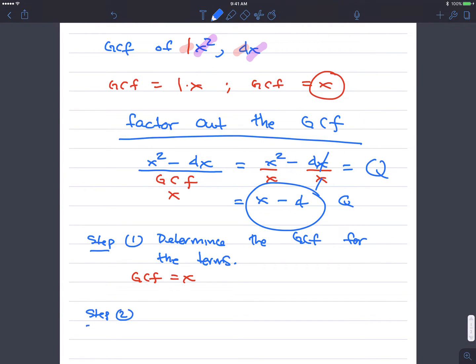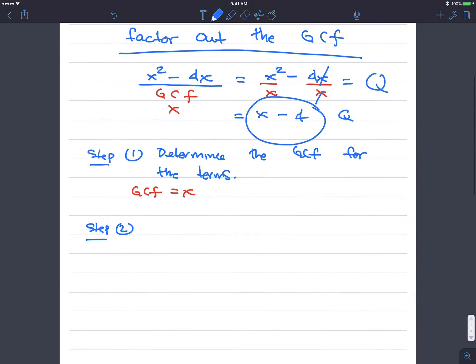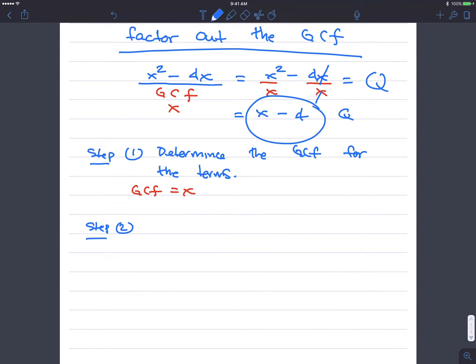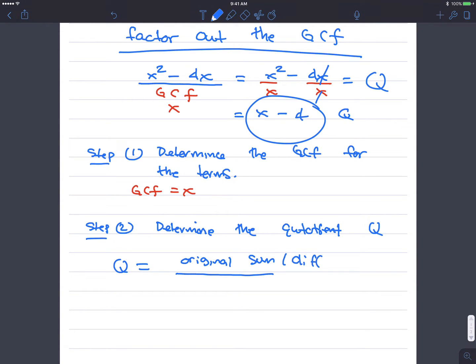Step 2, what you're going to do when you're factoring out your greatest common factor is you're now going to determine the quotient Q. Now Q is always going to be, you're going to write this as the following. Your original problem, the sum or difference. That's the question that they give you to factor.